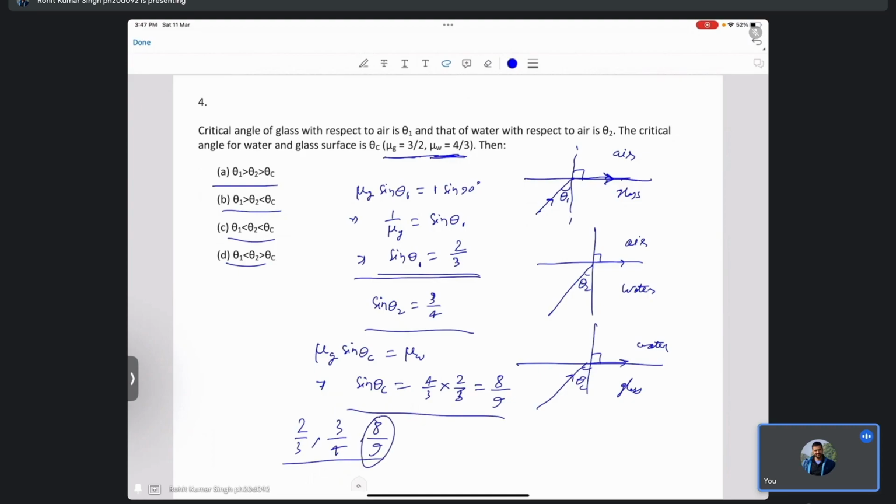Obviously this one is greatest, and then out of these two we have this and this, and since sine theta is an increasing and continuous function, the behavior that we have for sine theta will be same as for theta, right? So we can say that theta 1 is less than theta 2 and less than theta c. Correct?